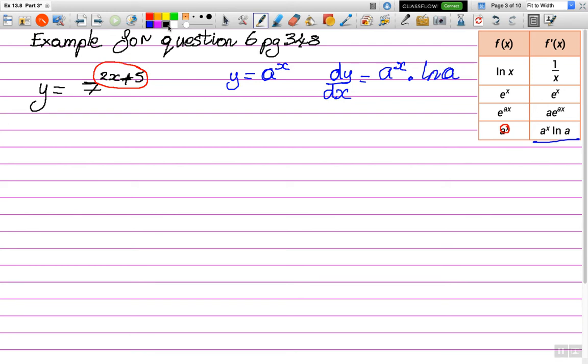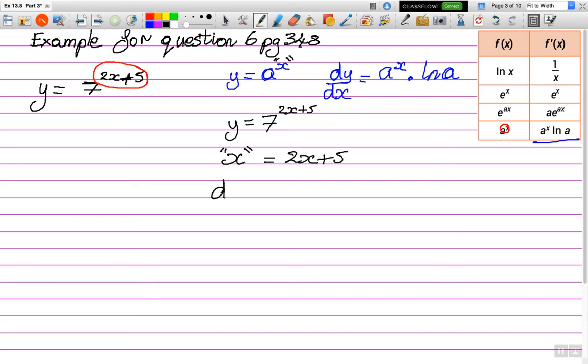What we also know is that the question that we have is a lot more complicated. It's y is equal to 7 to the 2x plus 5. So we now have x is equal to 2x plus 5.